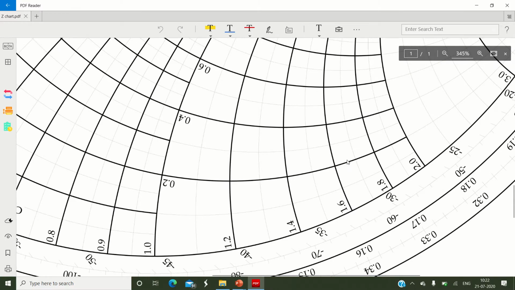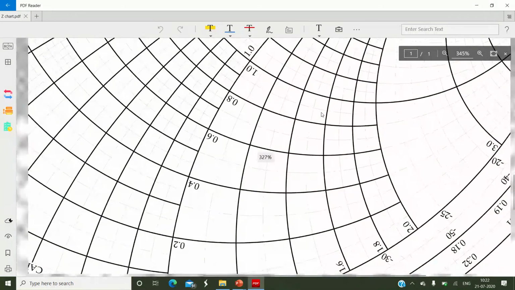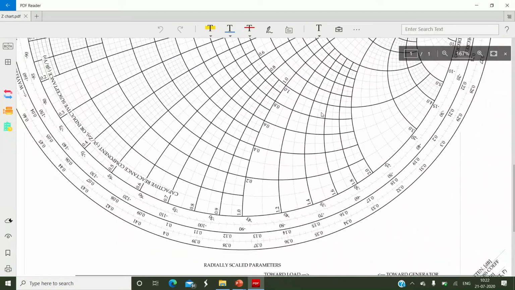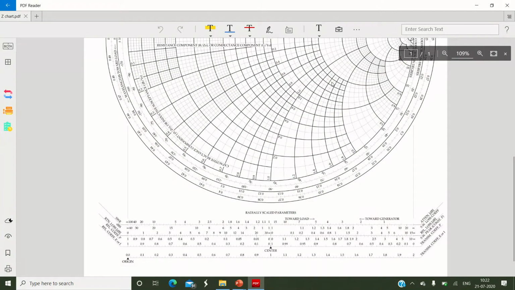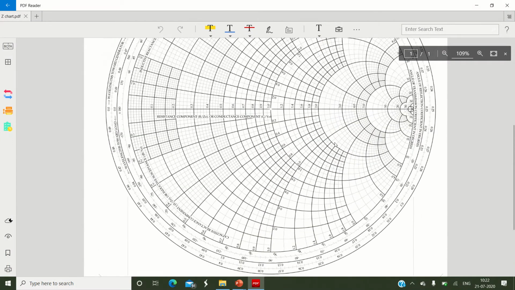Okay, so we need to find the intersection of the 1.5 circle with this particular arc. So I will zoom out. I will directly plot that particular point by tracing 1.5, that means this circle, and 1.6. So where is 1.6? This line, right? And this is 1.5. So somewhere here is the point located.